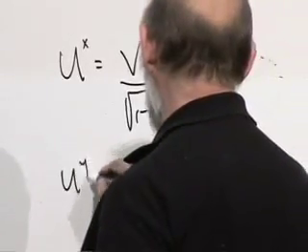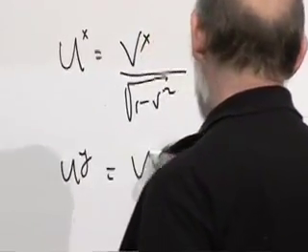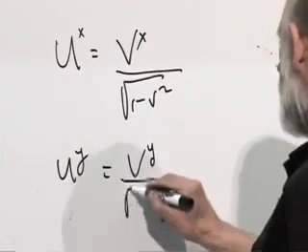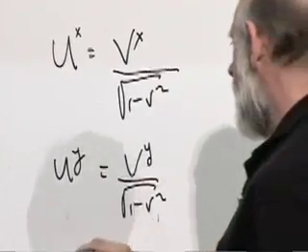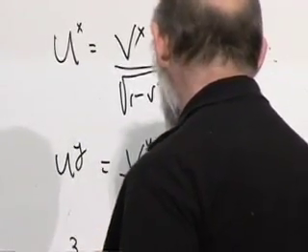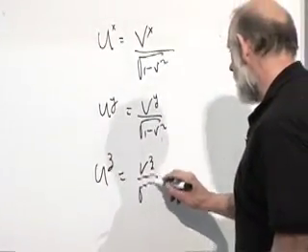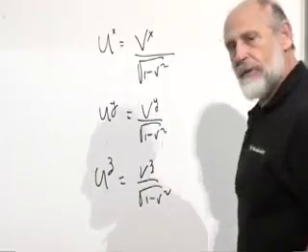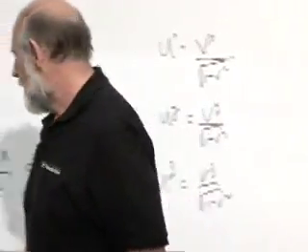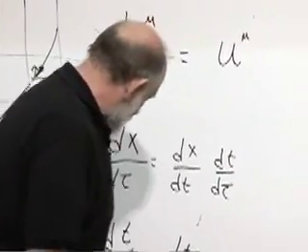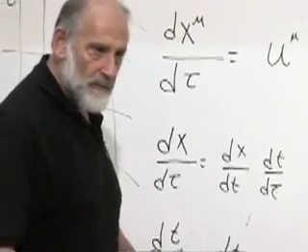Likewise with uy, vy divided by square root of 1 minus v squared, and uz is equal to vz over square root of 1 minus v squared. What about the 4th component? The 4th component is just dt by d tau.